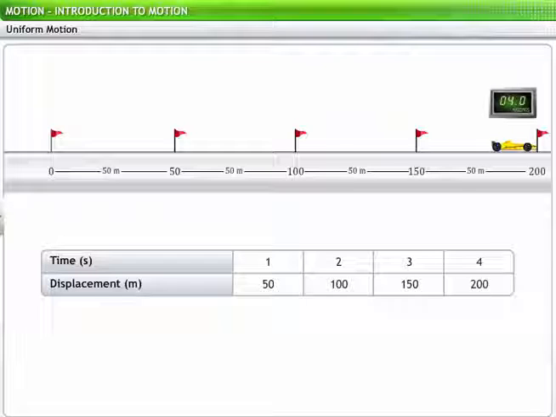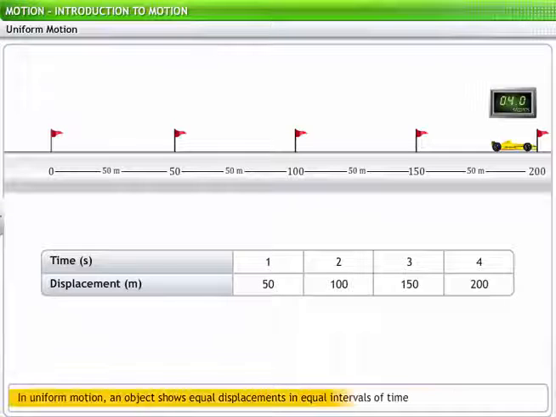Thus, for each second, if we note down how far the car has moved from the starting line, we see that the displacement during any 2 consecutive seconds is the same. This car is in uniform motion. An object is said to be in uniform motion if it shows equal displacements in equal intervals of time, however small these intervals may be.